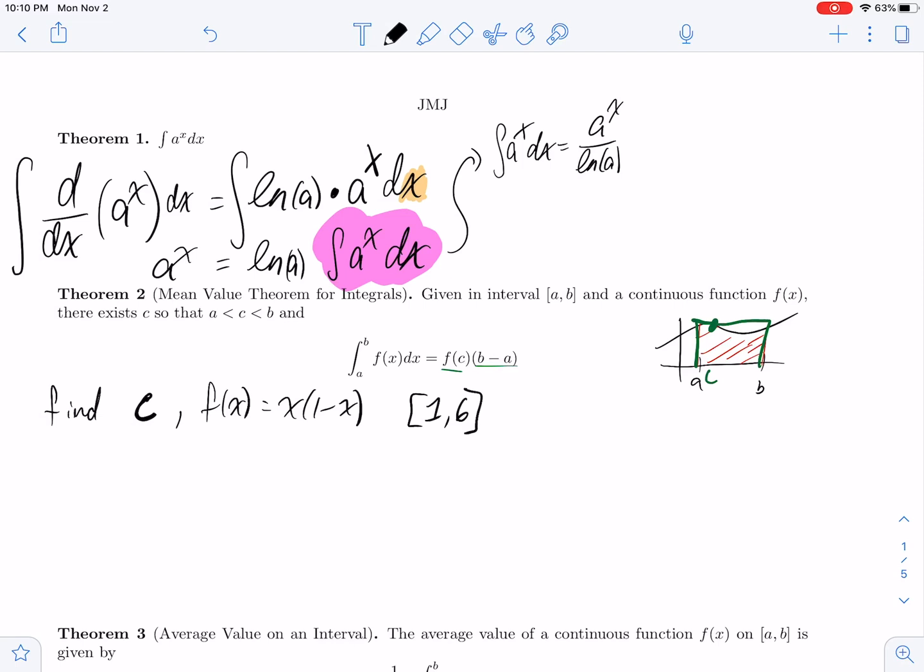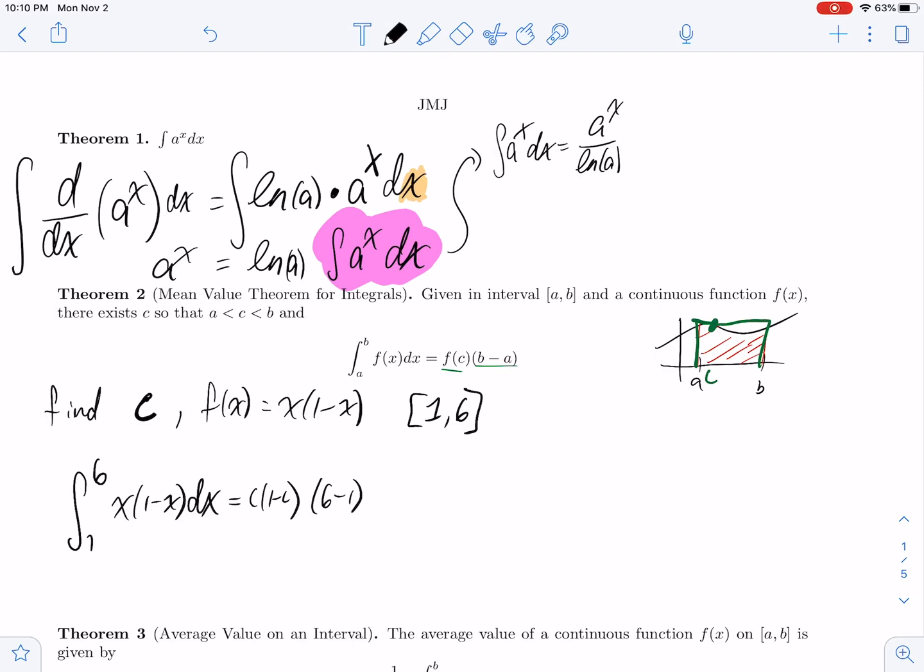So we have the integral from 1 to 6 of f of x, which is x times 1 minus x dx. We want this to be equal to b minus a, so that's 6 minus 1, and then f of c, remember that's just plugging in c for x, so this is going to be c times 1 minus c.